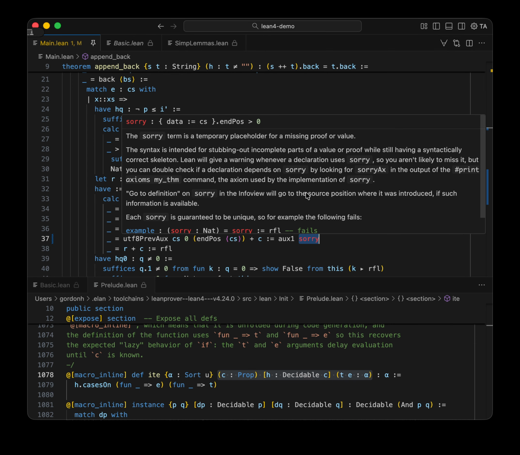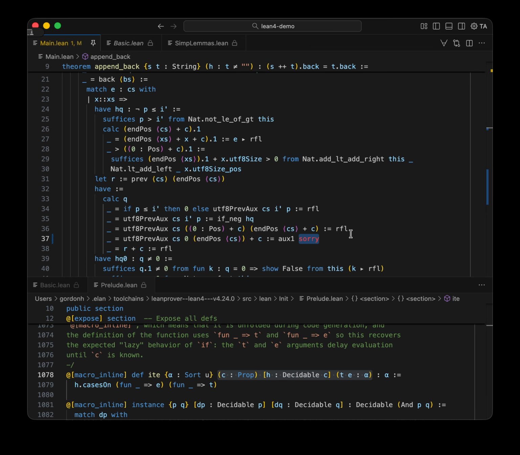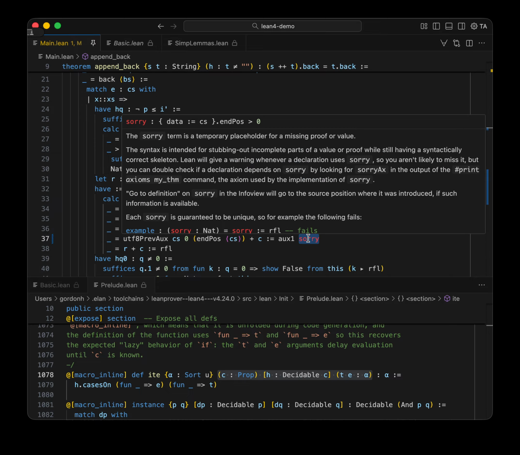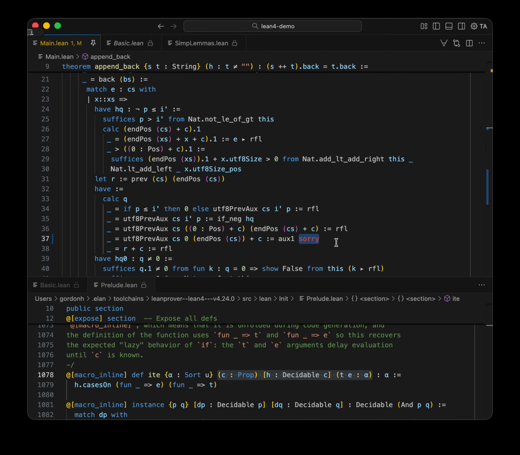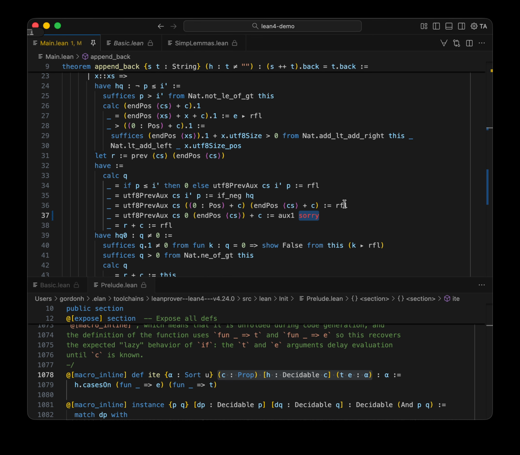The ending position being positive. The ending position being positive.